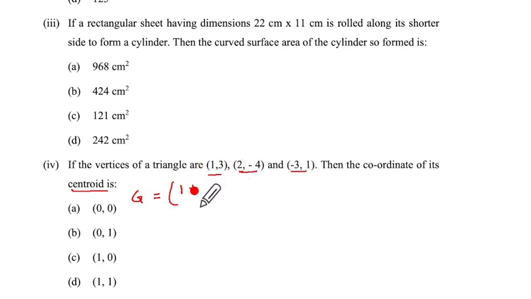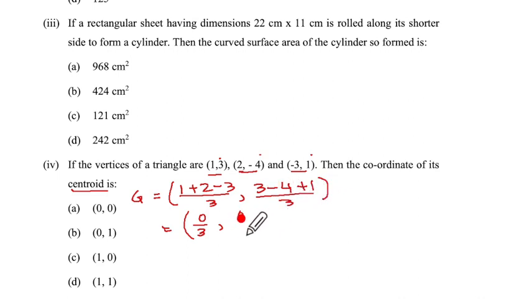So it becomes 1 plus 2 minus 3 upon 3, comma y1 plus y2 plus y3 upon 3, so 3 minus 4 plus 1 upon 3. That gives us 0 upon 3 for the x coordinate, and again 0 upon 3 for y. So you get 0 comma 0, and that is our option A.